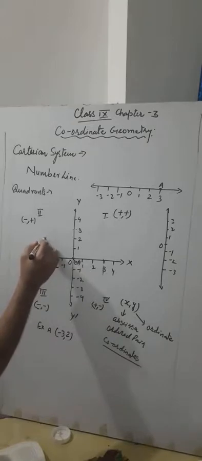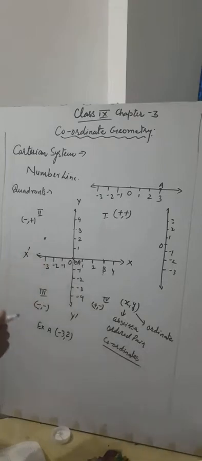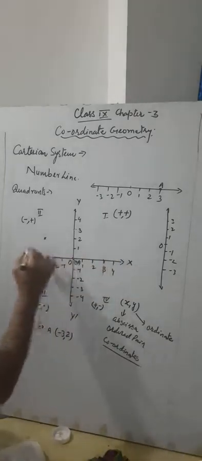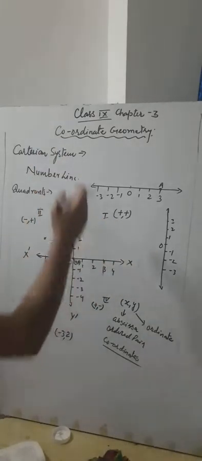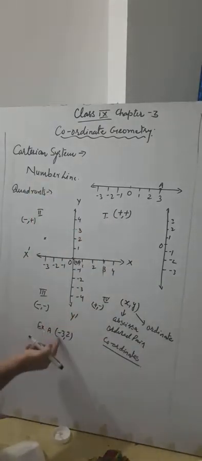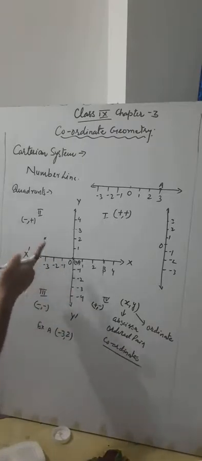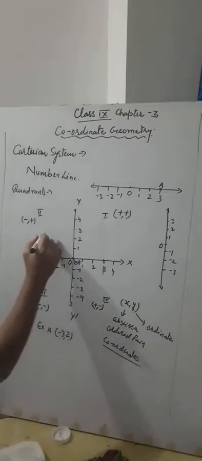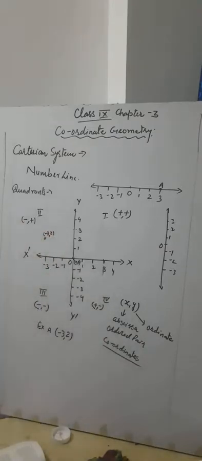If you see the graph paper, there are lines parallel to the x dash axis and lines parallel to the y dash axis on both sides. So -3, that is the abscissa, and 2 is the ordinate. So this point represents -3, 2.